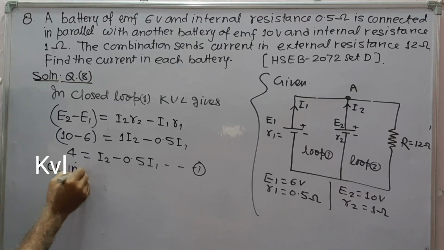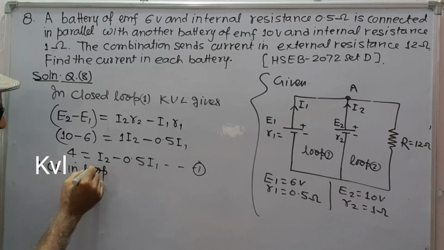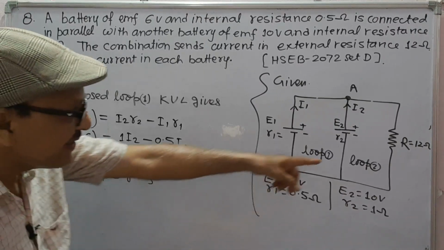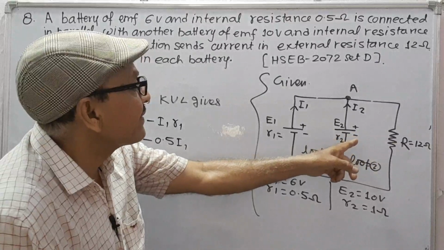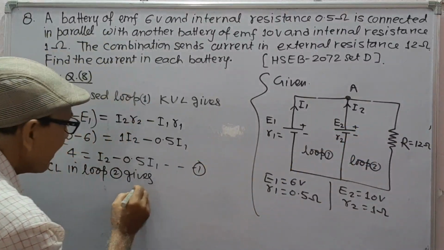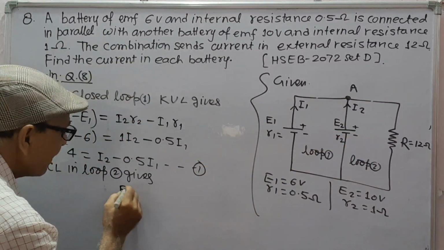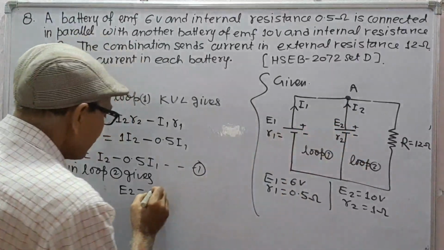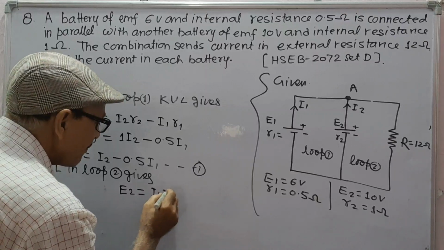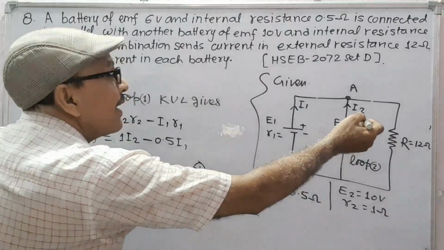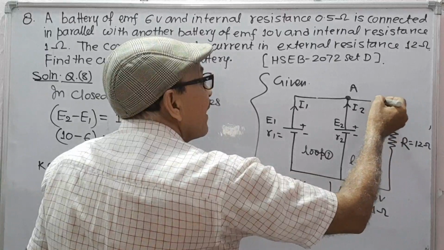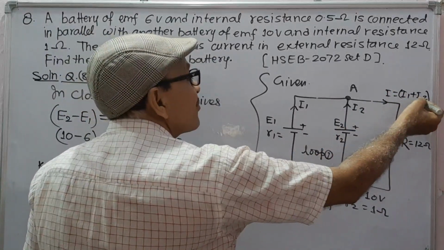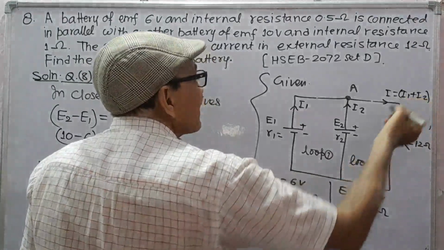And KVL in closed loop 2 gives sigma EMF is equal to sigma IR. Here E2 is equal to I2R2 plus I R. I will be equal to I1 plus I2 from Kirchhoff's current law.